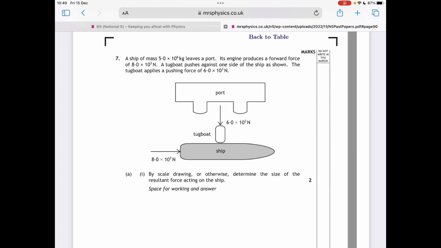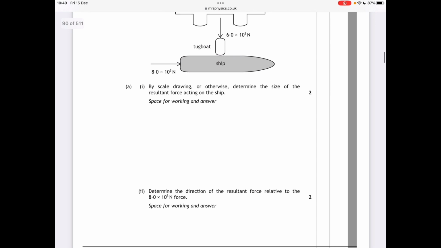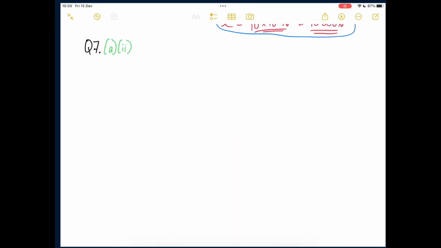So we have now found the size of the resultant force acting on the ship. If we then move to our next question, it says determine the direction of the resultant force relative to the 8.0 times 10 to the 3 newton force. Let's move on to that one.